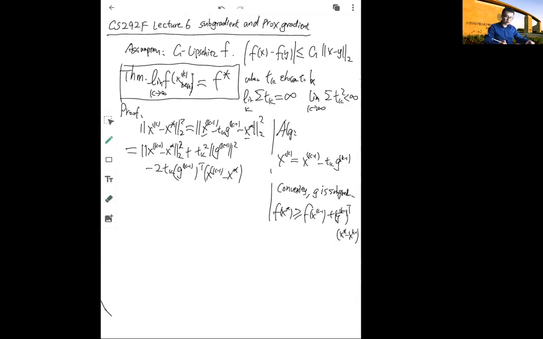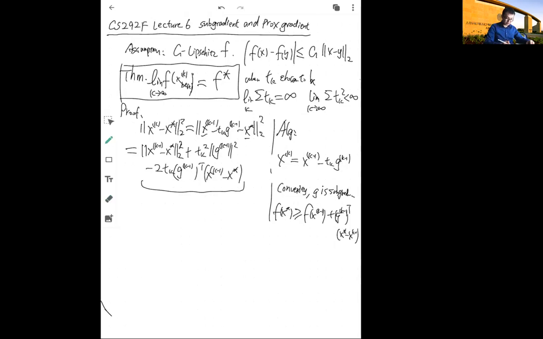This is simply substituting any choice of x, y pairs into the definition of subgradient, with specific choices being y equals x star and x equals the (k-1)th iterate. So with that, we have actually constructed an upper bound of this quantity.